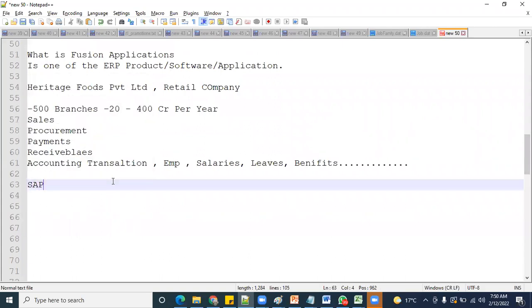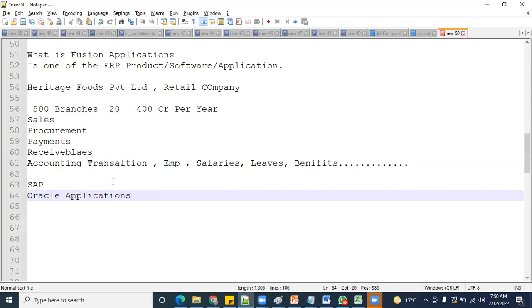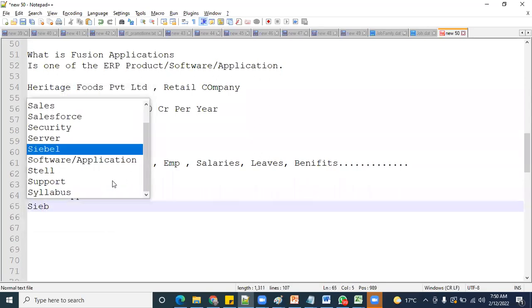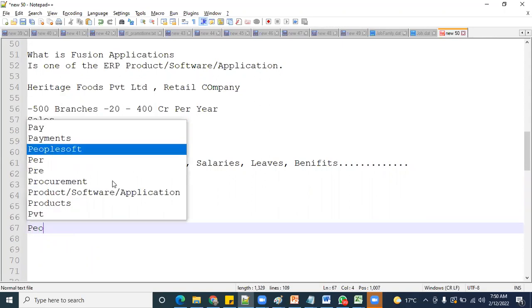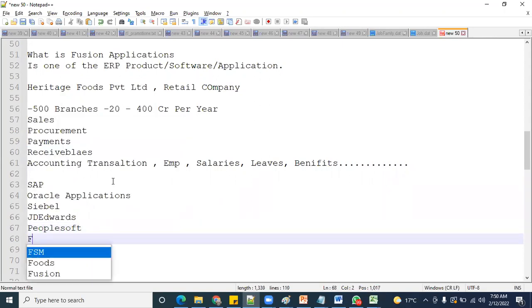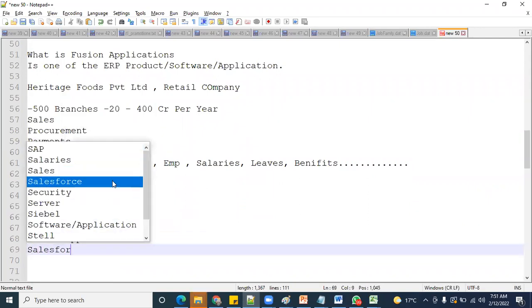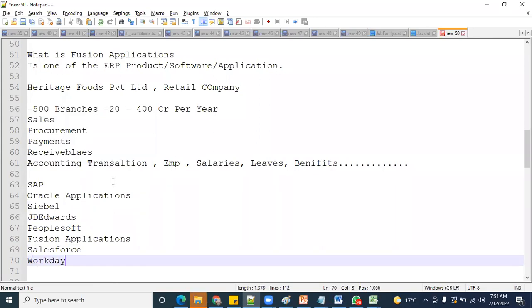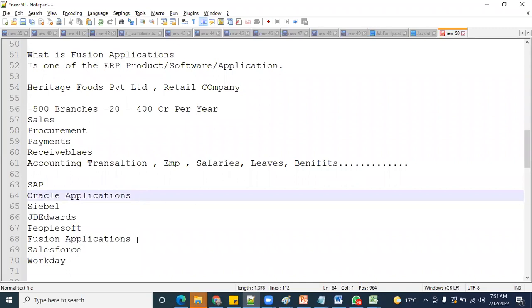We have SAP, we have Oracle Applications, and we have Siebel, we have JD Edwards ERP software, and we have PeopleSoft, and we now have Fusion Applications, and we have Salesforce, and we have Workday, and we have Microsoft Dynamics.